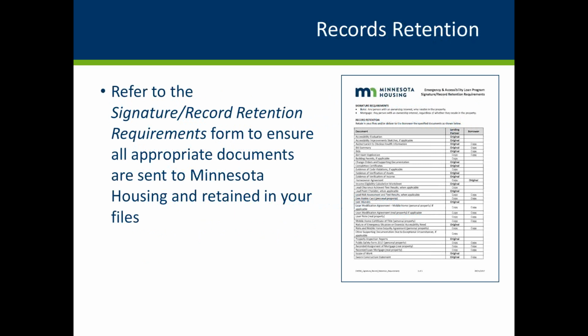As a lender, you will need to remain compliant with retaining documents and loan records. You can access the Signature Records Retention Requirements form on the Minnesota Housing website for a complete list of documents that you are required to keep.